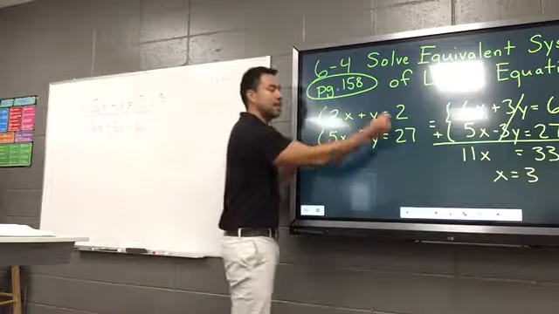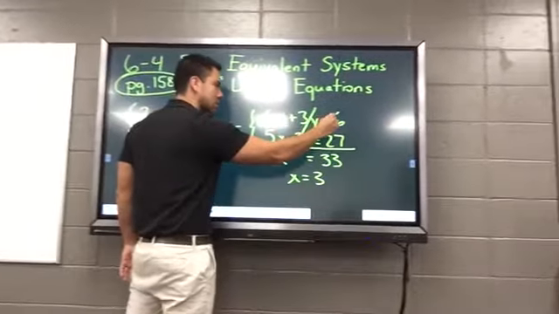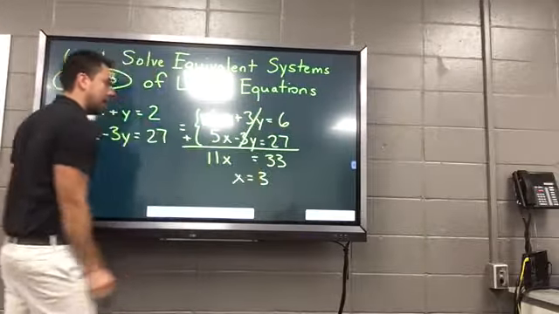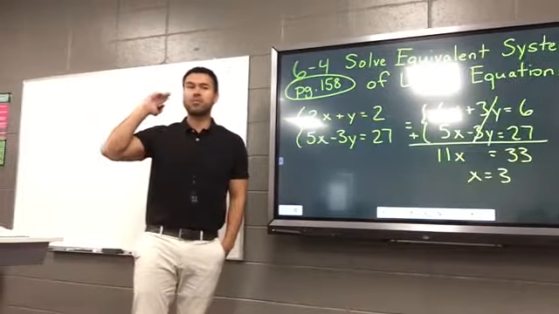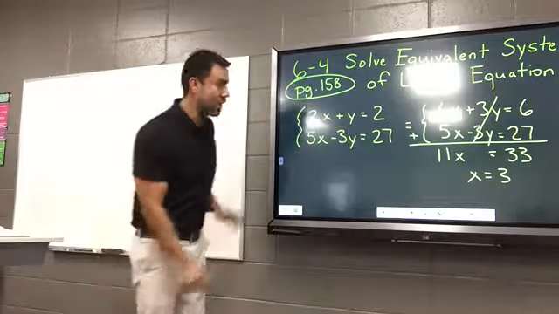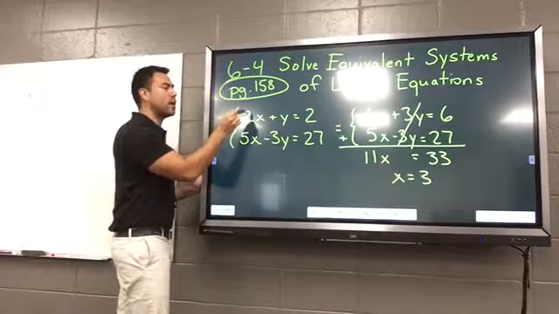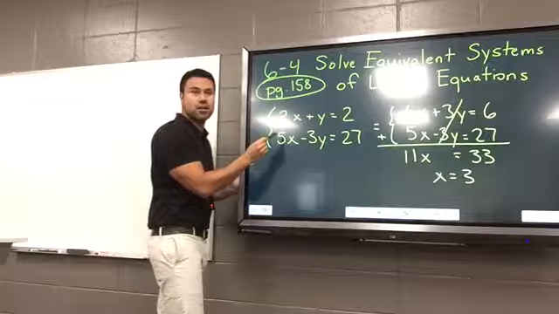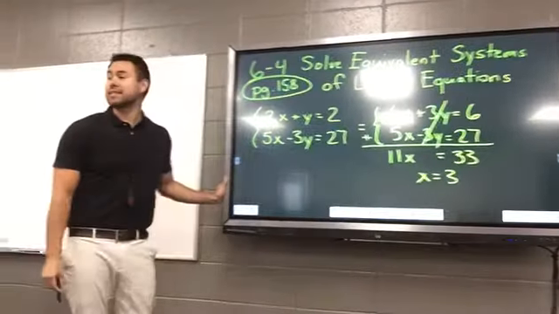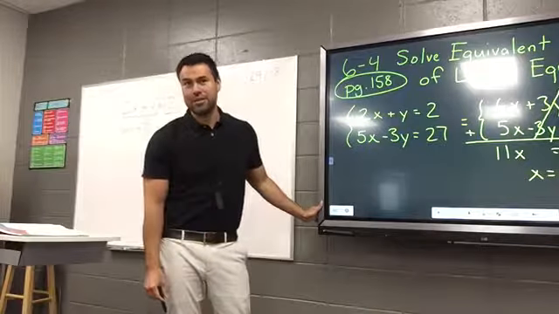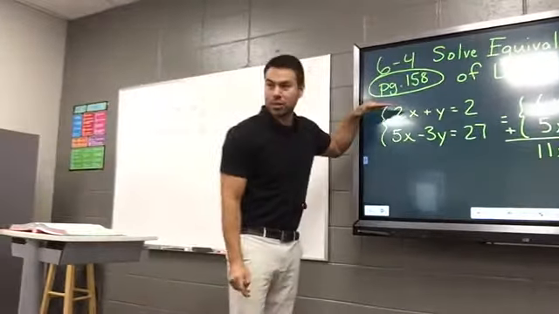I couldn't eliminate originally, but if I rewrite one of the equations, now I can. How do I find y then? I need to find y. What's that other method we're going to use? Substitute. Are you going to substitute x into the first equation or the second equation? Your favorite. It doesn't matter. In fact, some of you might think the first equation is better.